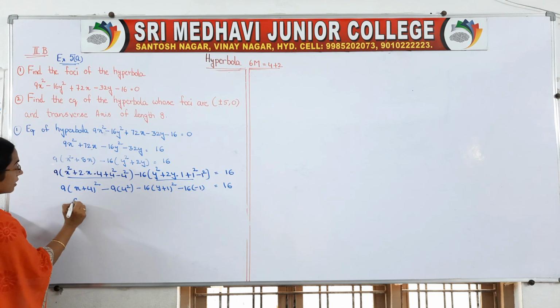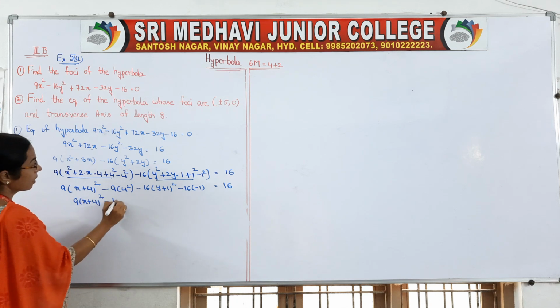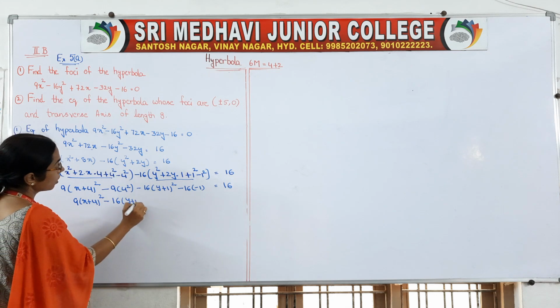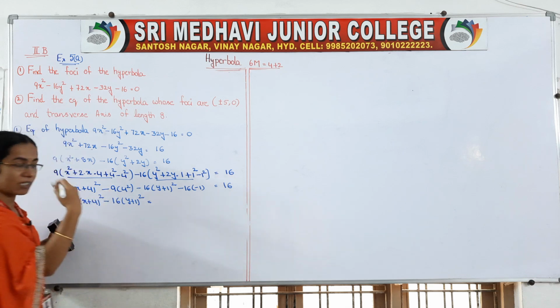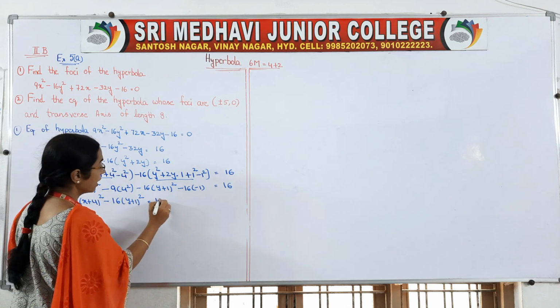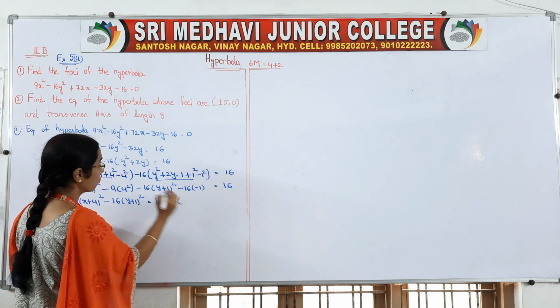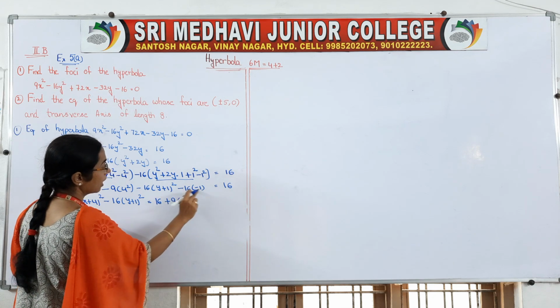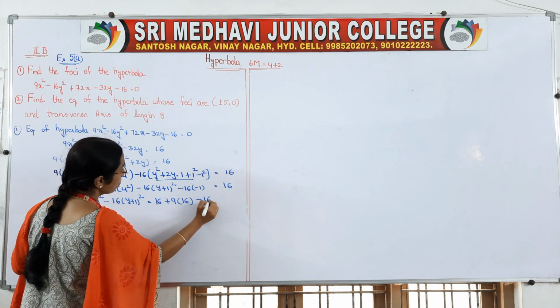Now we can write this as 9 into x plus 4 whole square minus 16 into y plus 1 whole square, and sending the constant terms to that side, right? Already 16 is there, plus 9 into 4 square is 16, and minus of minus is plus. If we send that to the other side, it will be minus.